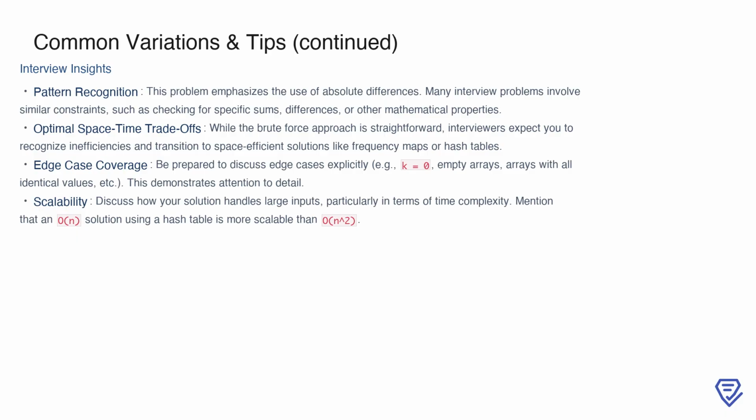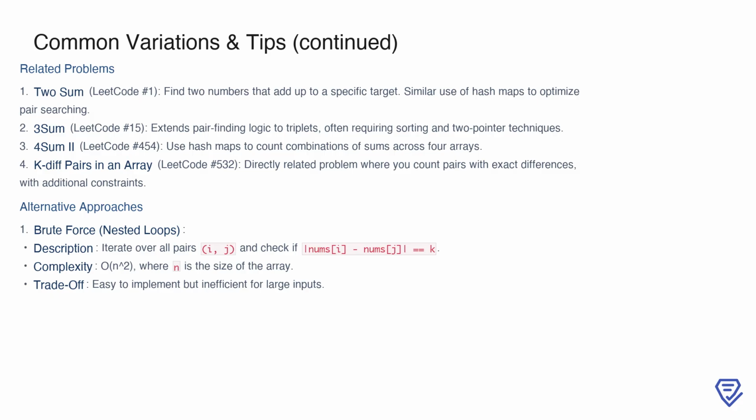This problem also connects to other common challenges, which makes it an excellent stepping stone for practicing related problems. For example, in the classic two-sum problem, you find two numbers that add up to a target, and hash maps are often used to optimize the search. Similarly, three-sum extends this logic to triplets, often requiring sorting and two-pointer techniques.